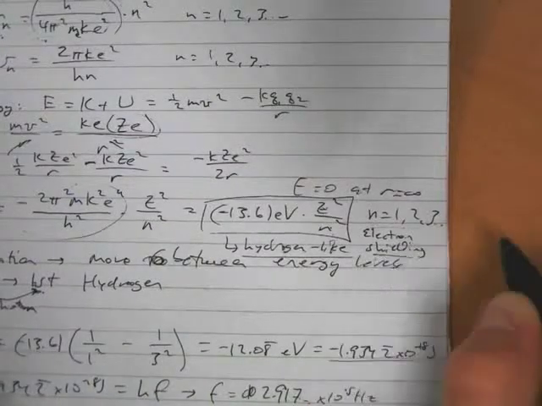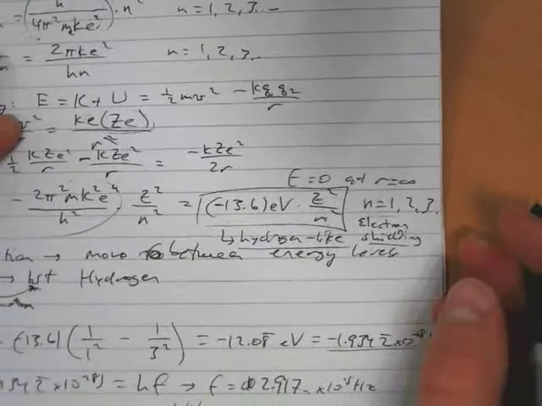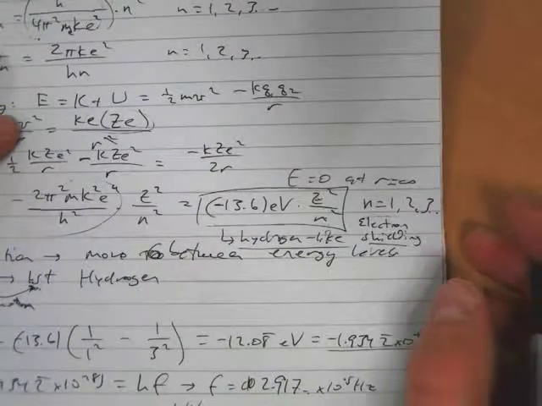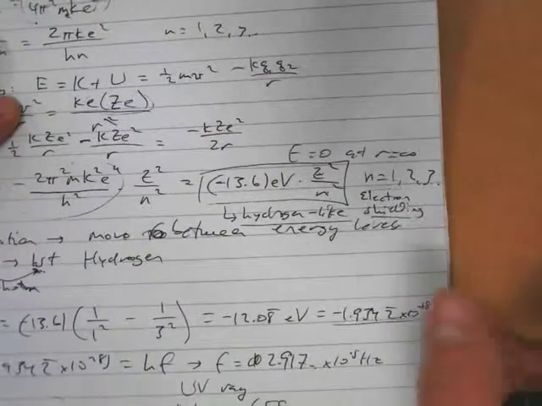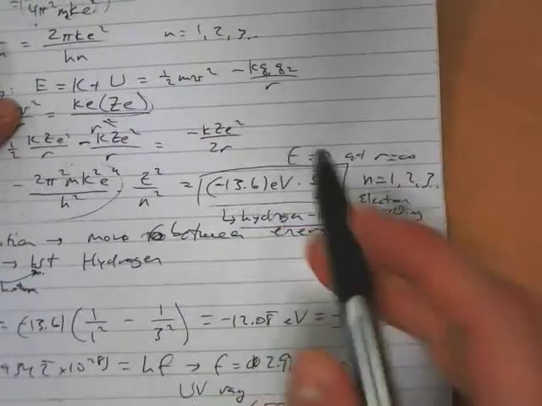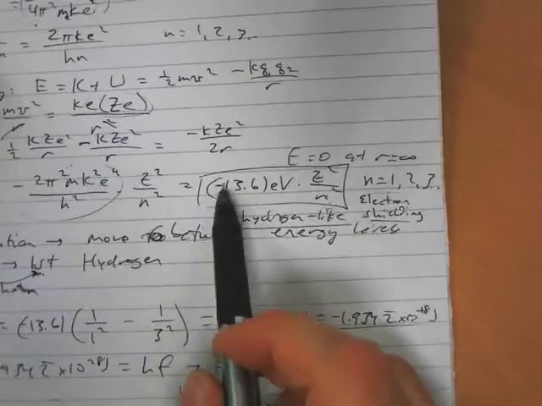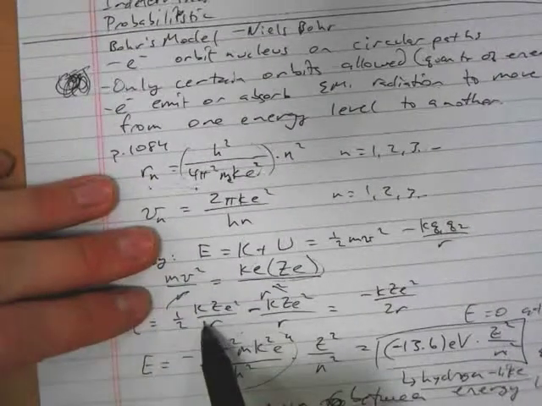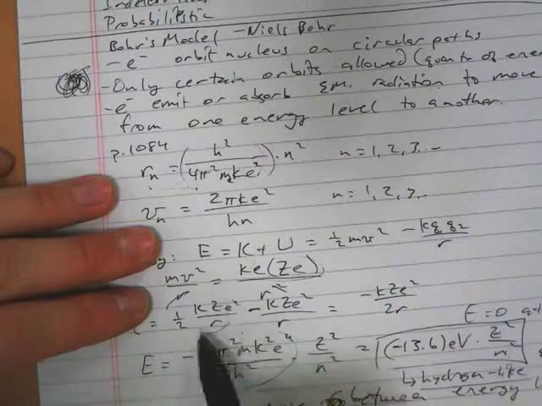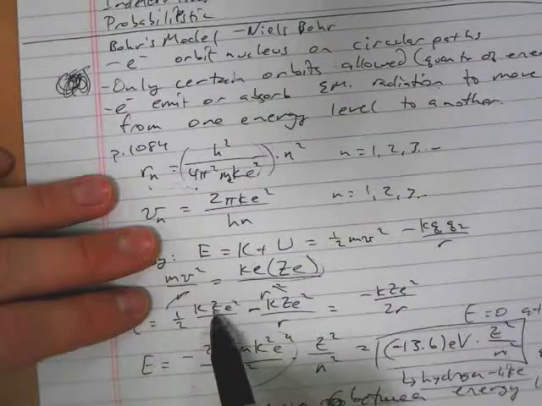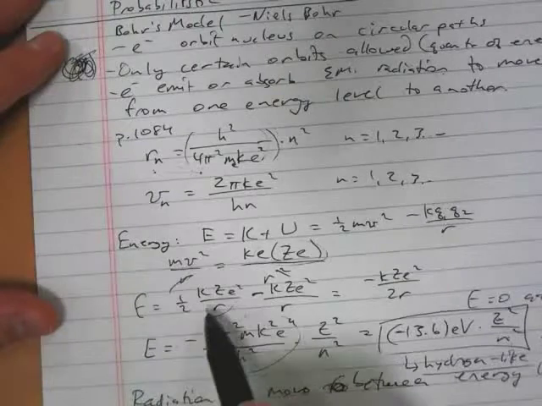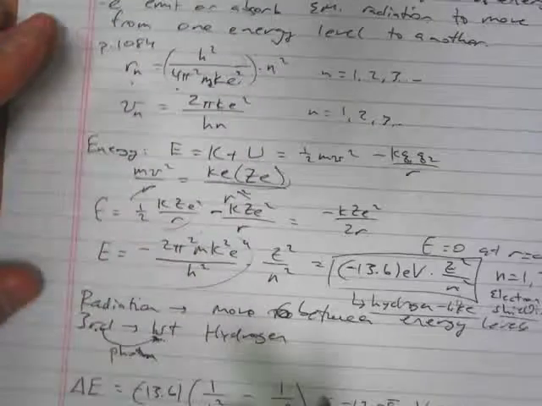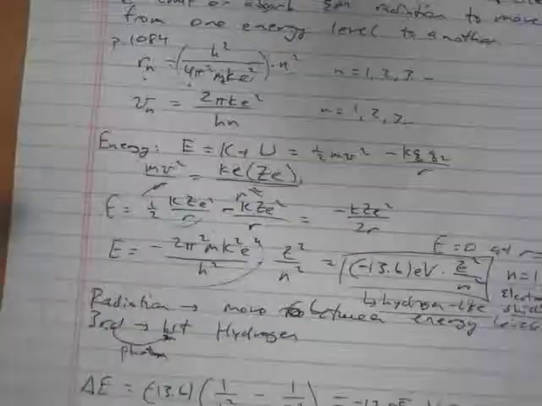And so the force on an electron in an outer energy level from the nucleus is kind of shielded by the electrons that are closer in to the nucleus. And so this doesn't quite apply because we derived this using that the electric force was just related to the nucleus charge times the electron charge. So this only works for atoms up to a particular size, but it works very well for those smaller atoms.